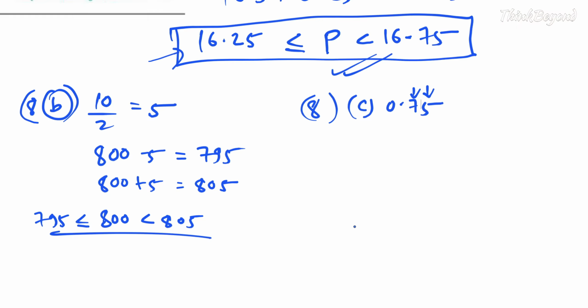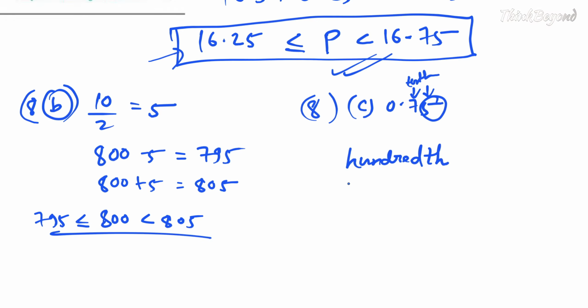The last significant figure is in the hundredths place. I'm not saying hundreds; there is a difference between hundreds and hundredths. We count from here: this is the tenths place and this is the hundredths place.